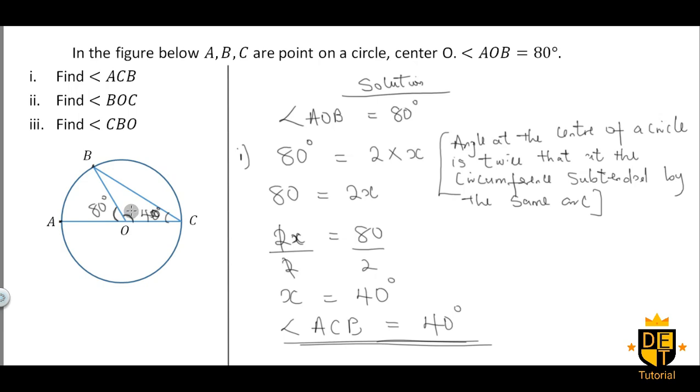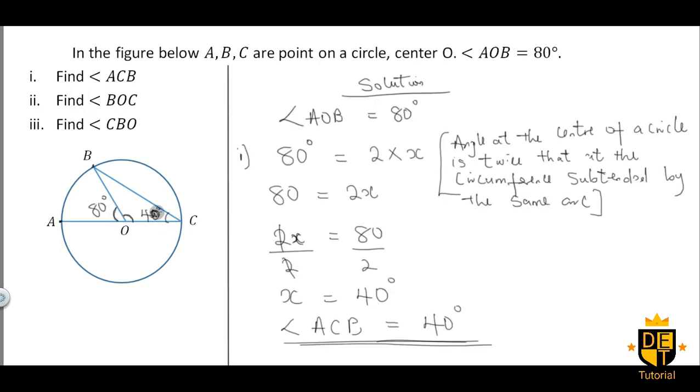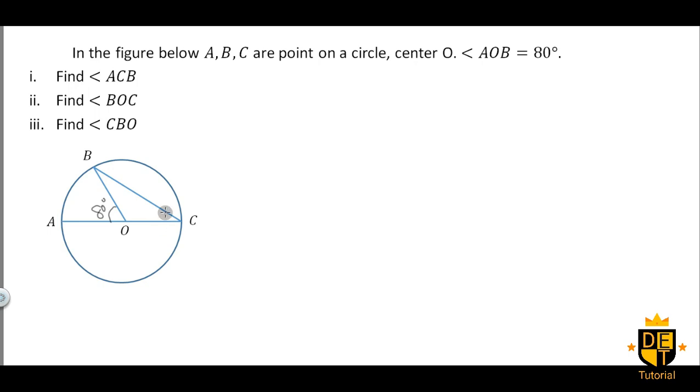Let's take this to another page. So I have here 80 degrees. From our calculation, I have here 40 degrees. And now we are asked to look for angle BOC. So that's our number 2.